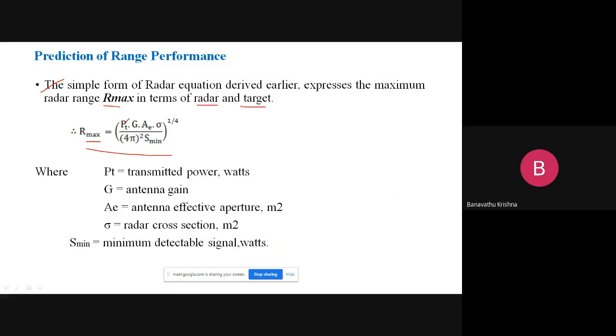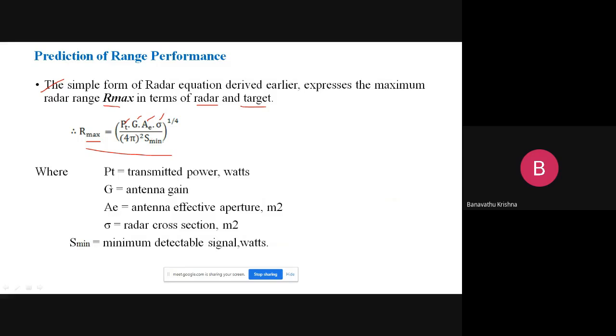This is the transmitted power, G is the gain of the antenna, A is the aperture area of the antenna, and sigma is the radar cross section of the target. It is how much area is affected when the radiated signals reach the target and are then reflected back.